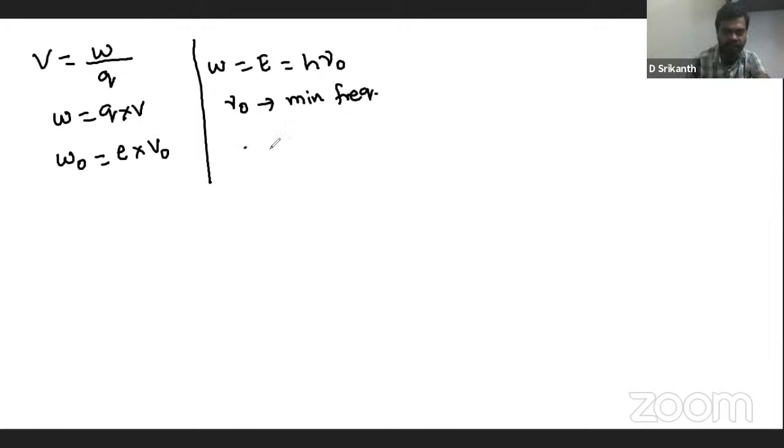So W naught I can write as h nu naught. This is the minimum frequency which allows the electrons to escape from the metallic surface. This minimum frequency can also be called threshold frequency or cutoff frequency.